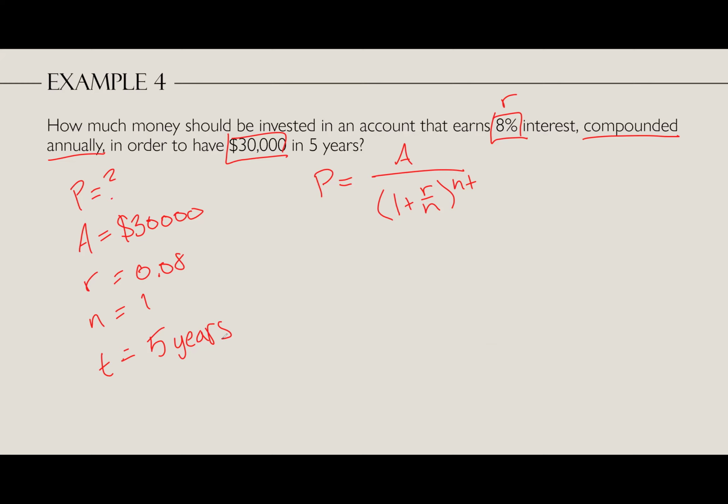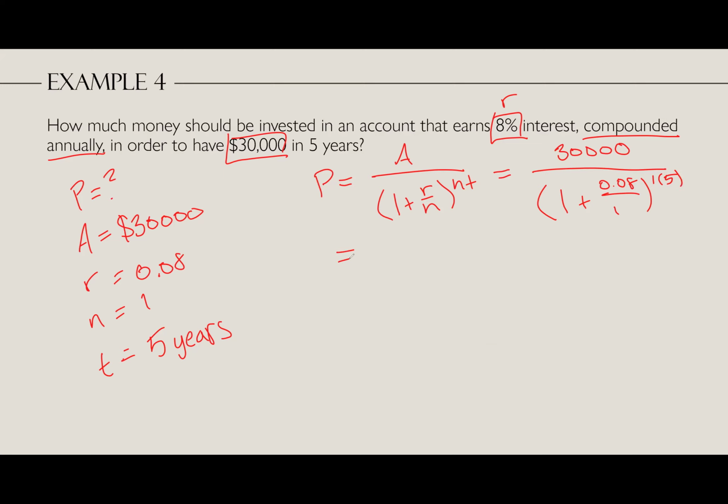Now we've done a lot of the hard work. Now we've got to plug in A, r, n, and t. So this gives me A is 30,000, over 1 plus the rate over n, which is 1, to the nt power.